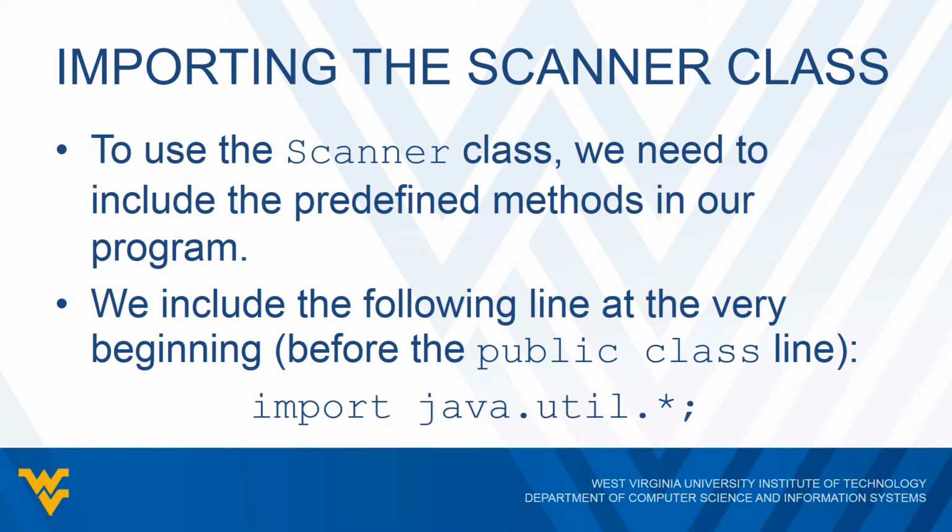We just say import java.util.*; semicolon. This is a package that includes the scanner class and all the methods we just talked about. So this will allow us to import all of those methods, and then we can just call them as normal throughout our program.